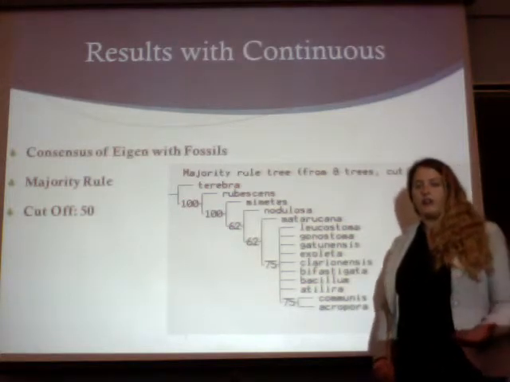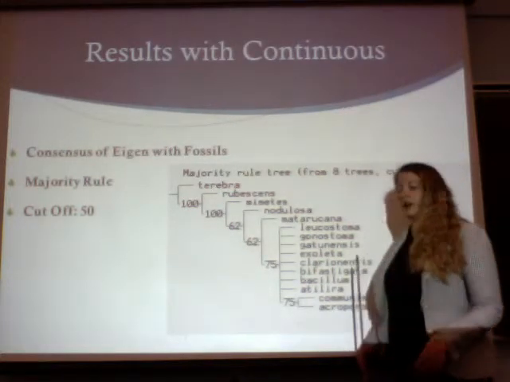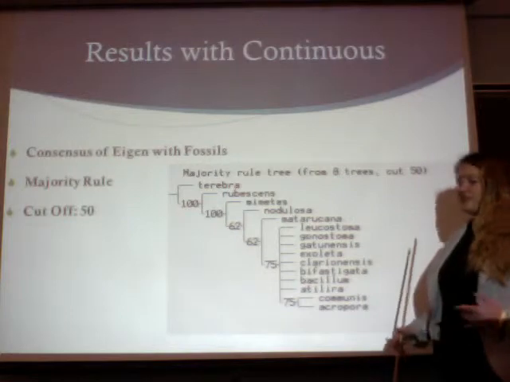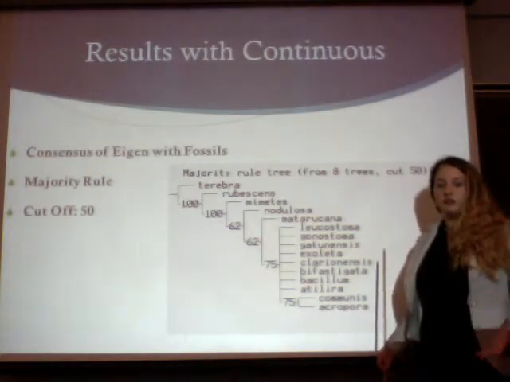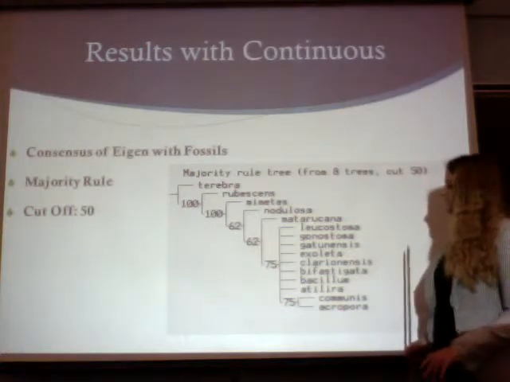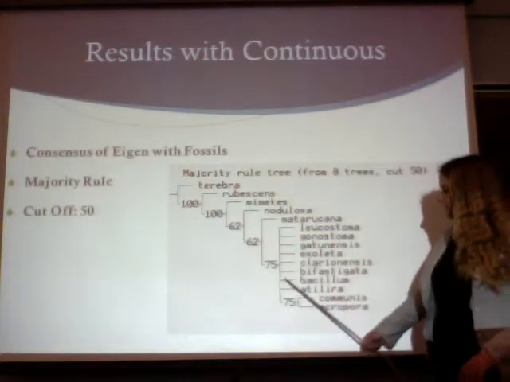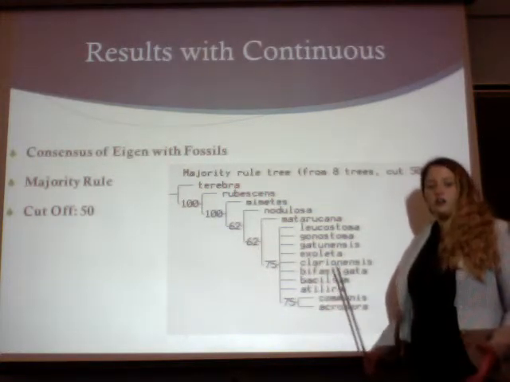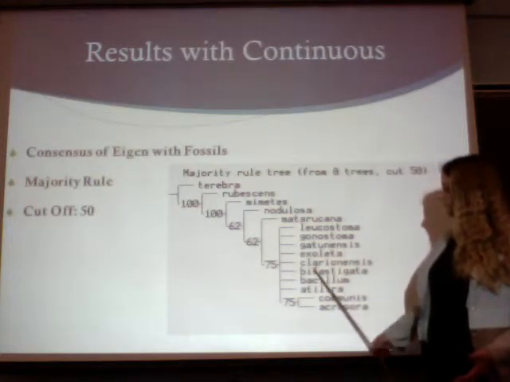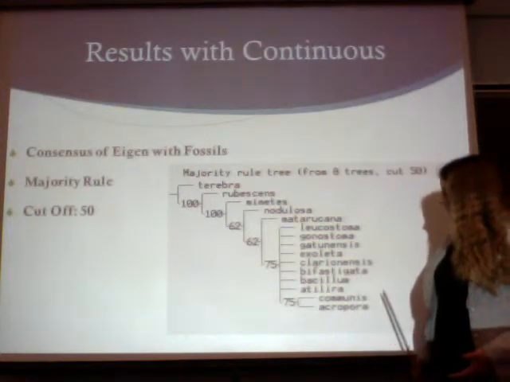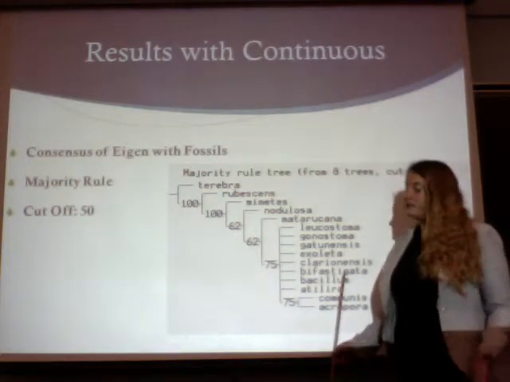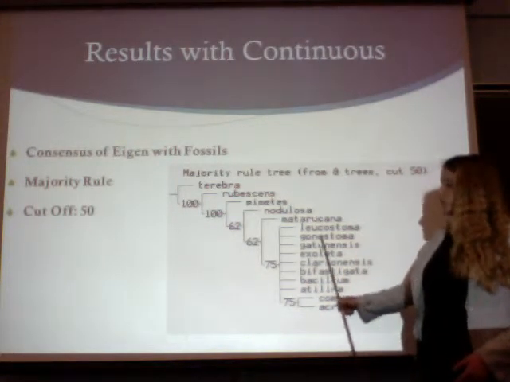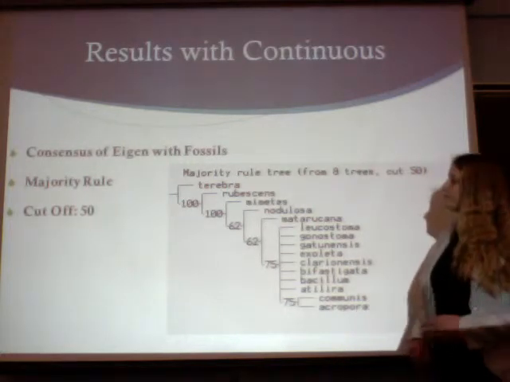Now, I don't really know why that is, but it's okay, because this is using a new set of characters that have not been looked at for these particular specimens. And so, again, we have this unresolved, non-dichotomous part of the tree here. It seems likely that they're all related to each other, which is good, but we just don't know how they fall out.